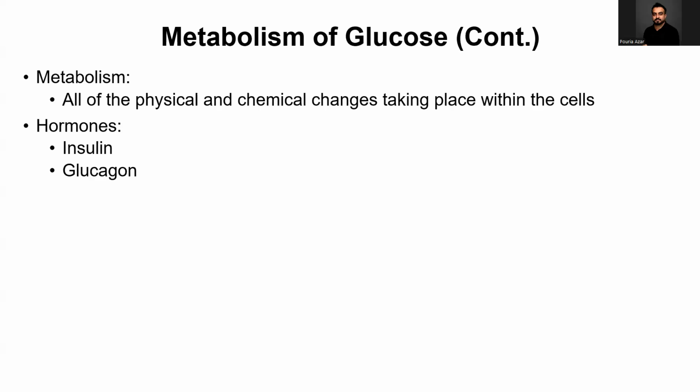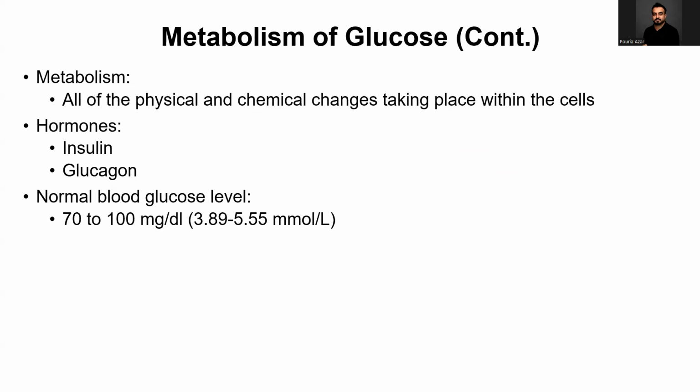There are other hormones that can affect the metabolism of glucose, for instance epinephrine and norepinephrine, but insulin and glucagon are the two main hormones that regulate the blood levels of glucose. These two hormones, insulin and glucagon, are produced from the pancreas.